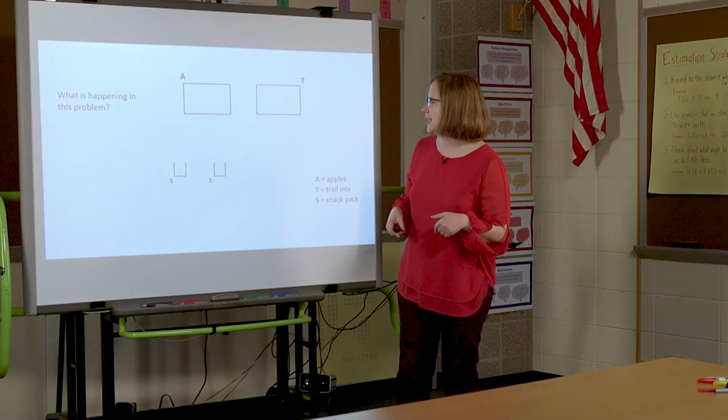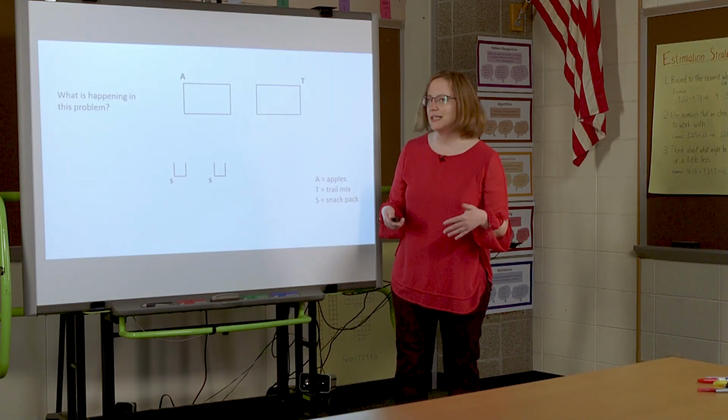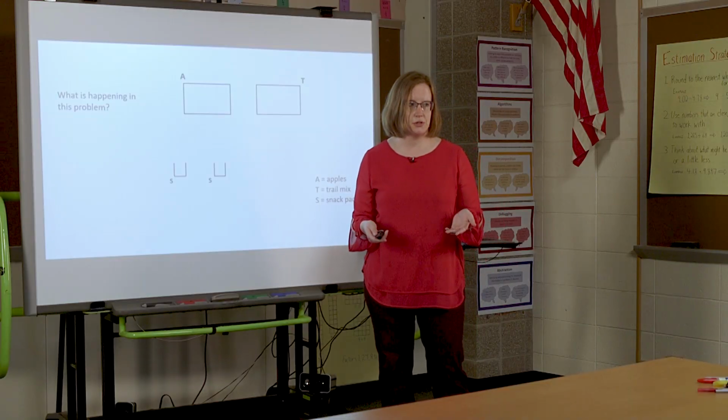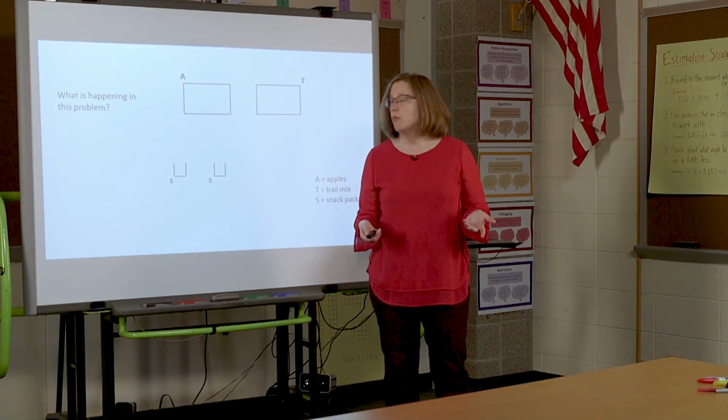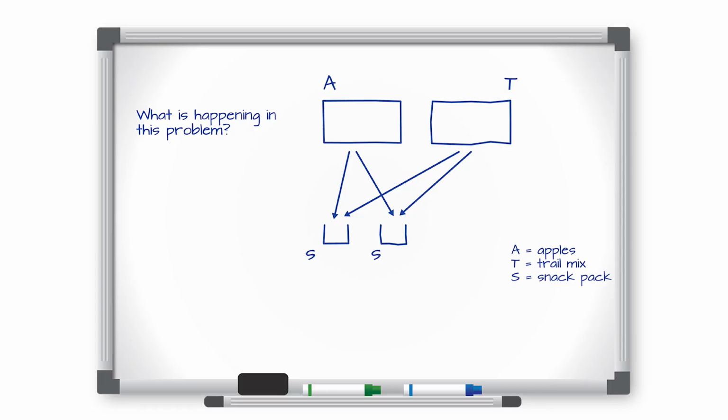Okay, so we said Jaden has to put the apples and the trail mix into the bags. How can we show that in our picture? One way might be to just draw arrows from the boxes of trail mix and apples into the bags. Can anybody else think of a different way we could show that?